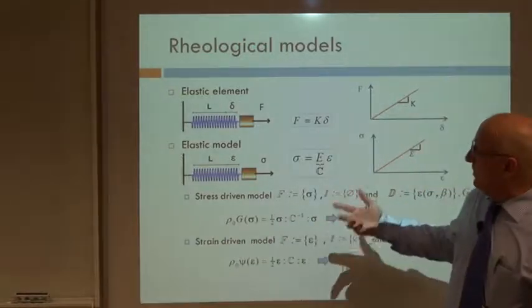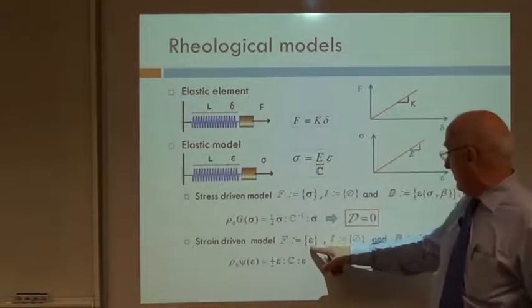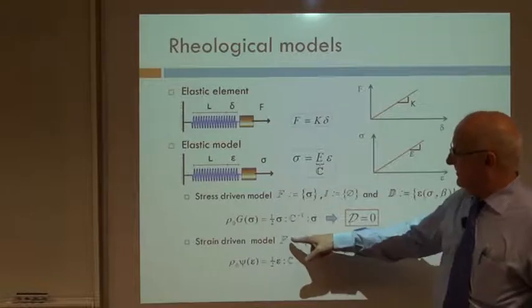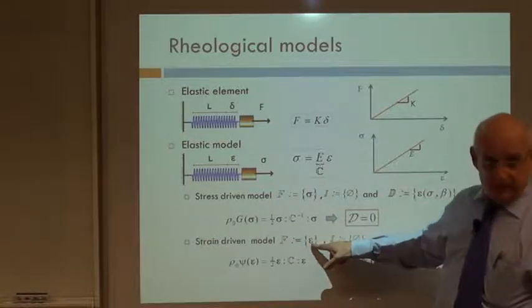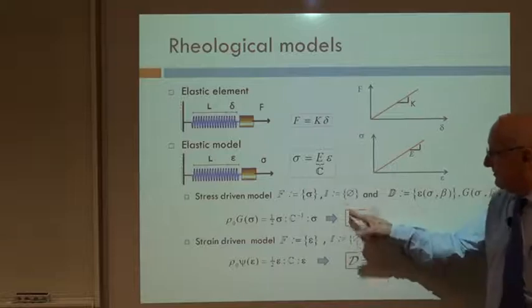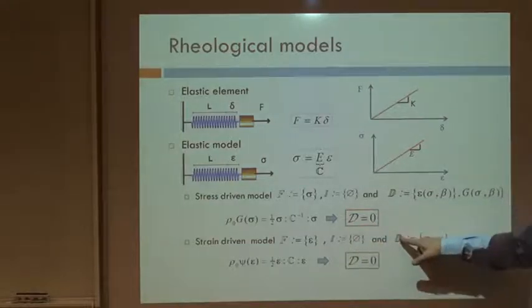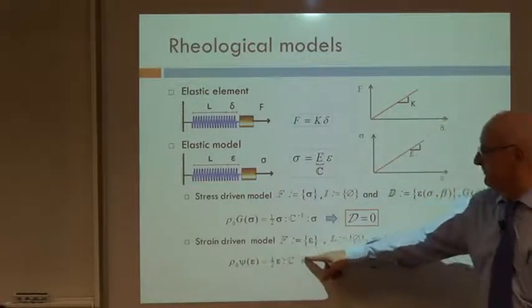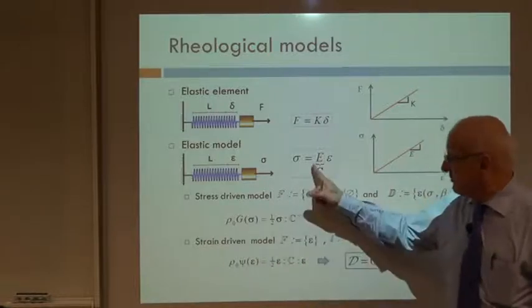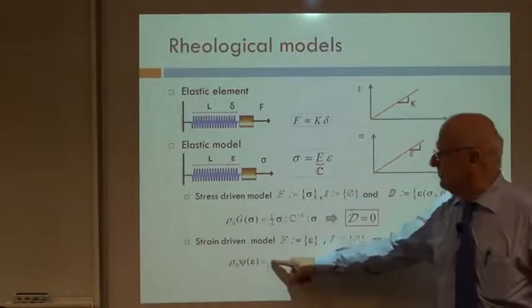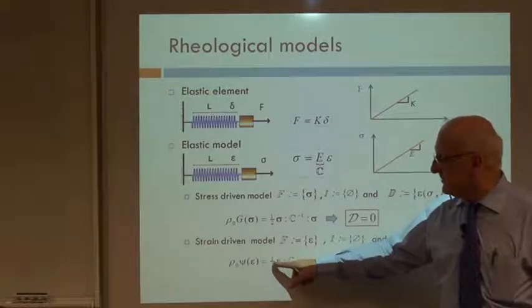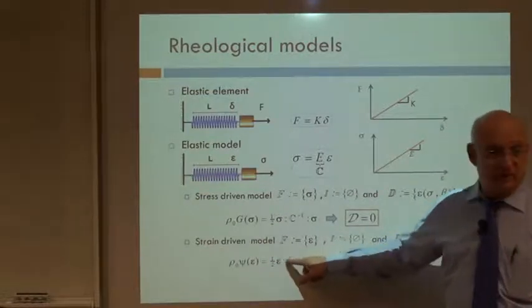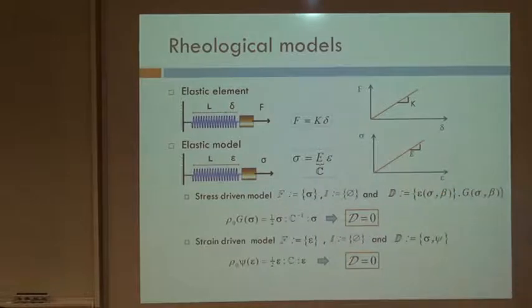If we prefer going to a strain-driven model, then we just take the free variable, the strain. Again, the internal variable set is empty. The dependent variables are the stresses and the free energy. And the free energy itself, for an elastic model, a linear elastic model, we define this function as a quadratic function of the strains in terms of the elastic tangent constitutive operator.